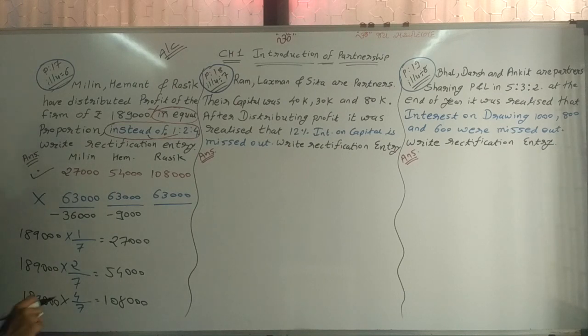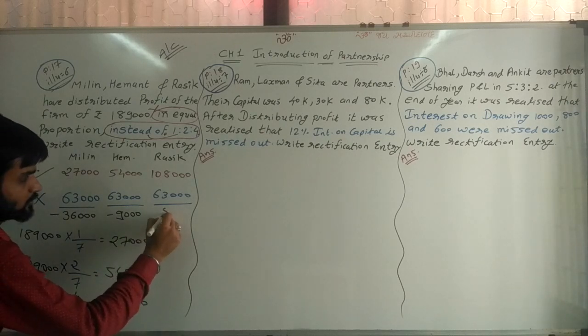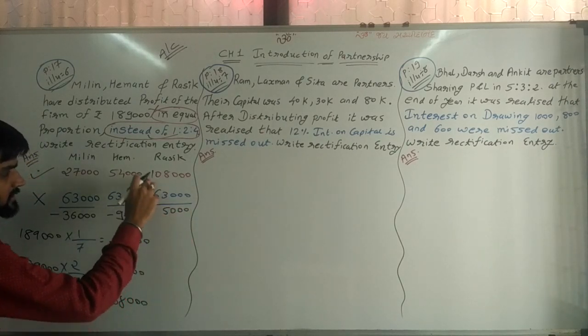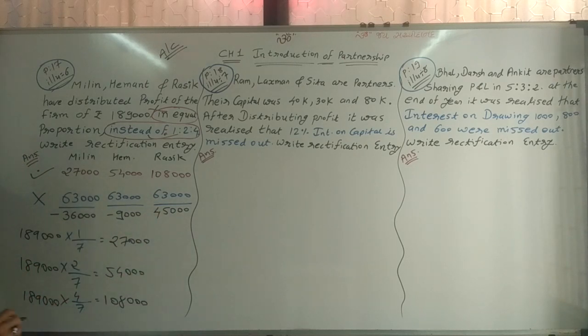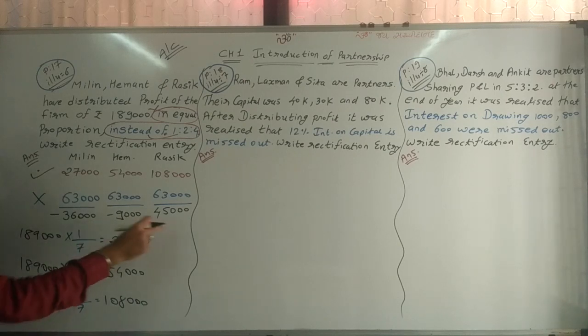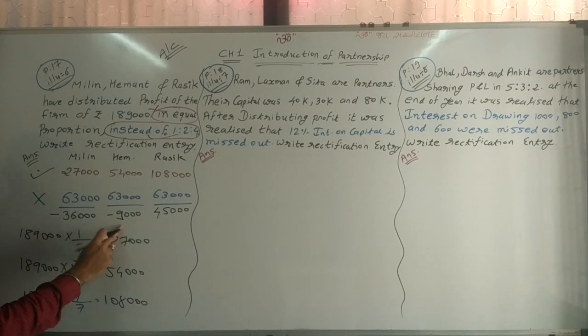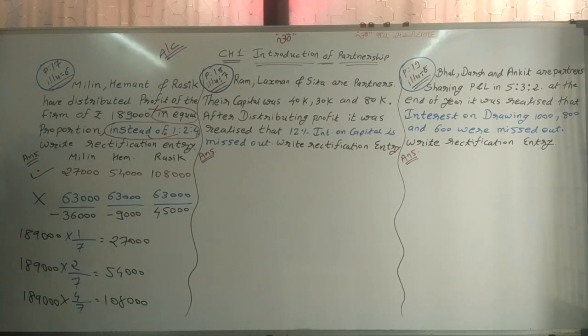And if you are finding the difference of these two, 5, 6 plus 4 means 45,000. And if you are making the total of these two, that is also 45,000, because two are negative, one is positive. So the total of two negatives becomes a positive answer. This situation always arises.